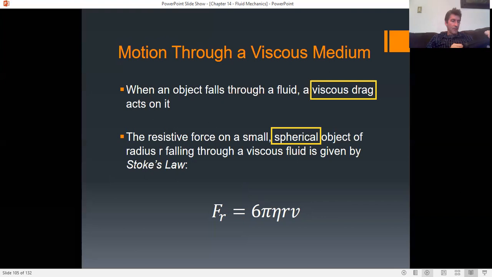And this says that the force of drag is equal to 6 pi times eta, that's that little Greek symbol that looks like an N right there, times the radius of the sphere, times the velocity of the sphere. So this viscous drag will slow, in this case, a spherical object down, because again, friction always does work against motion.